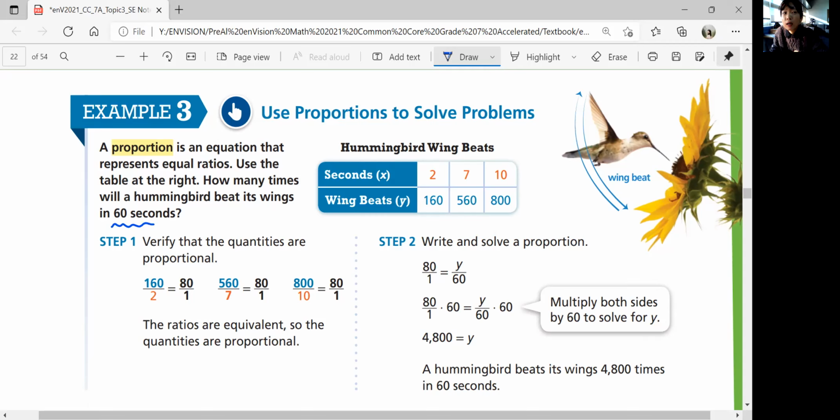So 80 over 1 must equal y over 60, where y is the number of wing beats, and 60 would be the number of seconds, right? So you have a unit rate right here: 80 beats per 1 second.